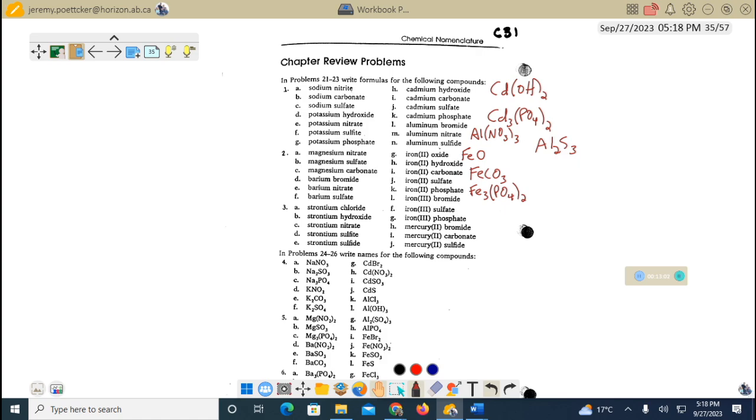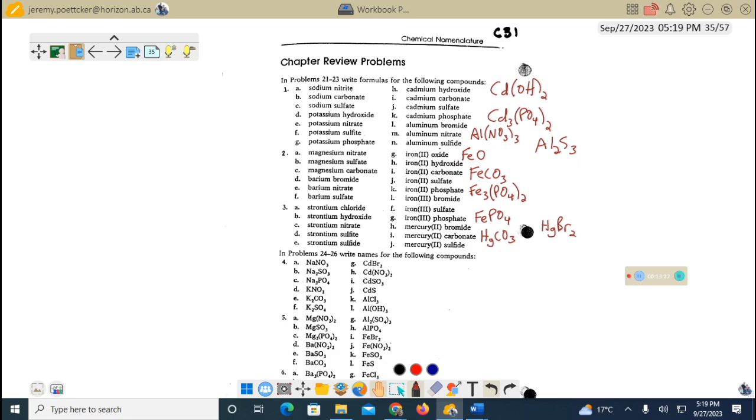Let's compare that to iron 3 phosphate. Phosphate is 3 minus, iron is 3 plus. This is easier to write. Lovely. Mercury 2 carbonate is just going to be HgCO3. Mercury 2 bromide is going to be HgBr2.